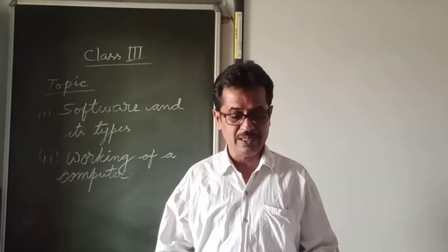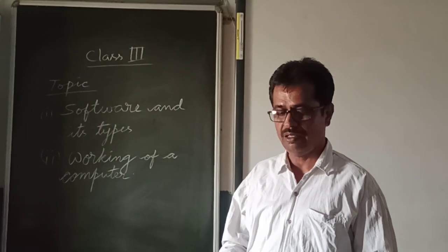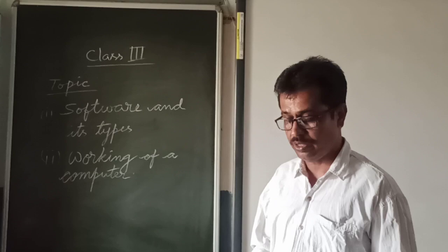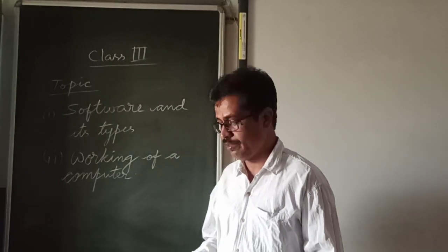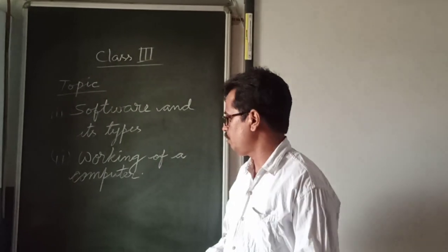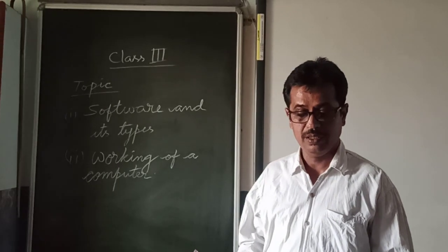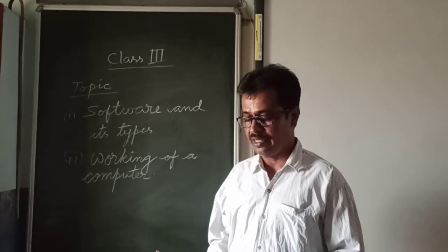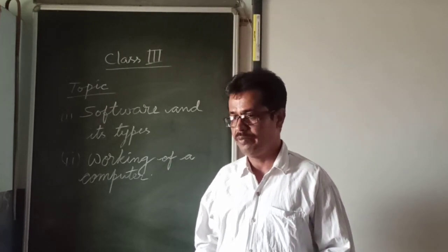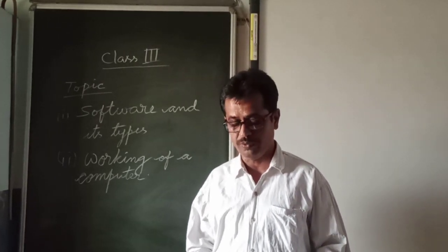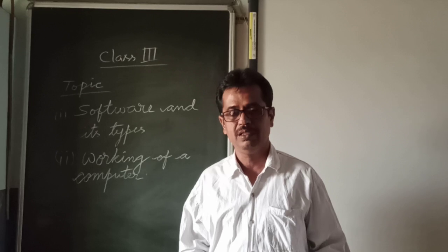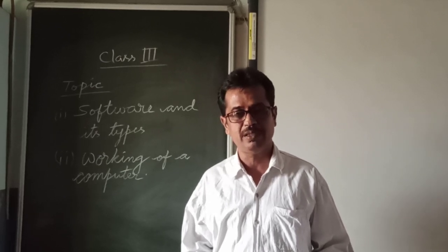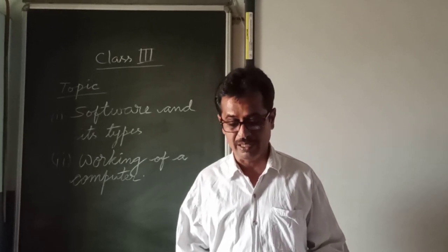So today we have discussed the IPO cycle, meaning input, process and output, types of software, and how a computer works. In the last online classes we have discussed some other topics also. For example, what is hardware? All the parts of computer that you can touch and feel are called hardware.